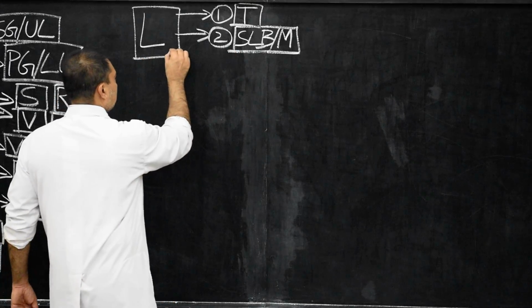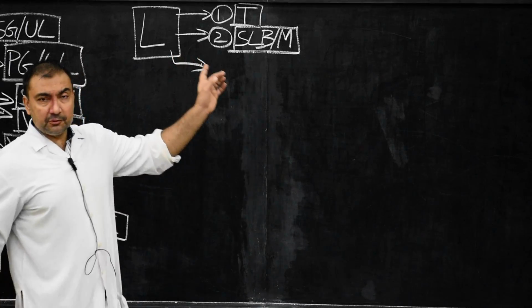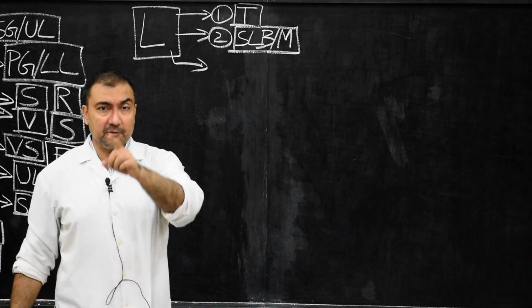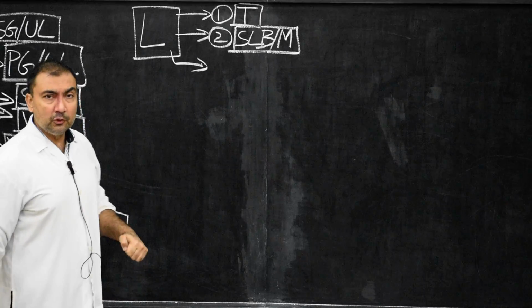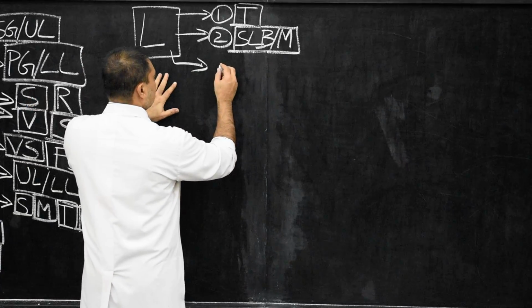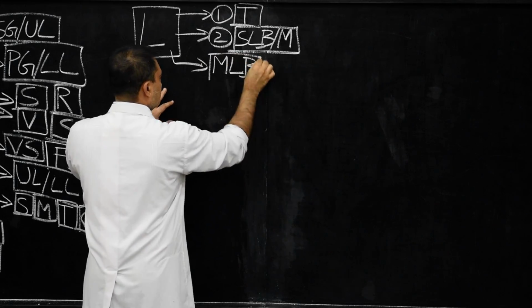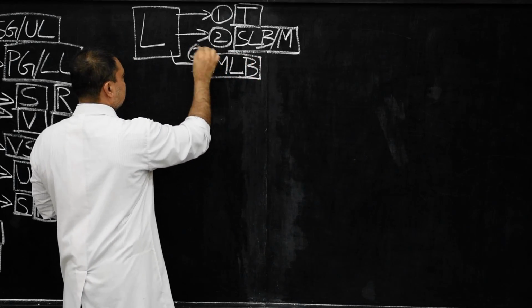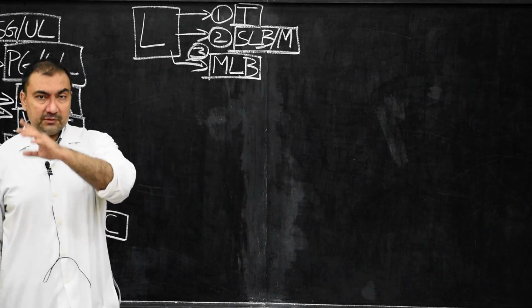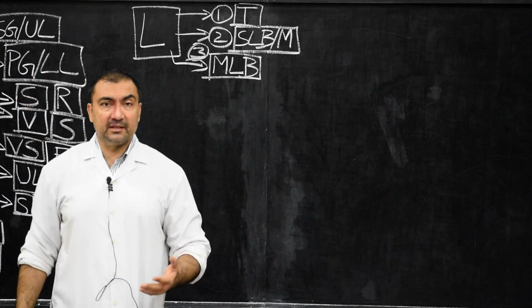Third category, this question is also so many times asked as a 1 mark question or in Viva also, is the modified long bones. Please try and understand these 3 subcategories of long bones. Very interesting, you have to remember this.